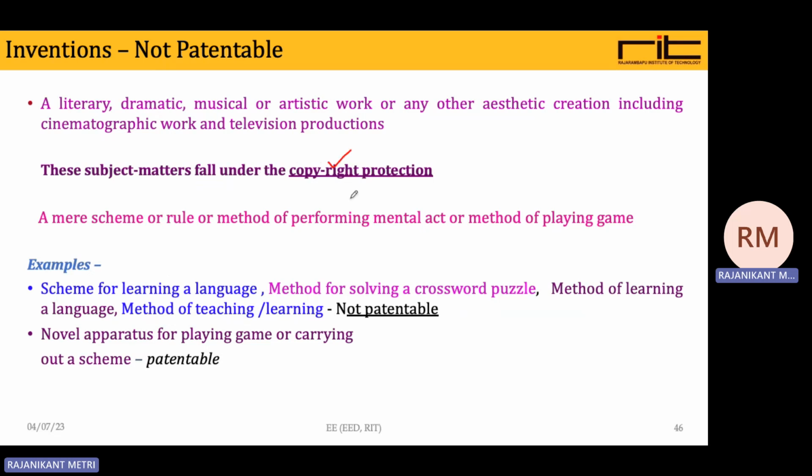So, you can copyright your work. It may be related to your literary or drama, or you have composed some music, or you have done some cinematographic film or work, or movies, music. So all those things you can protect under copyright protection, but you cannot patent it.